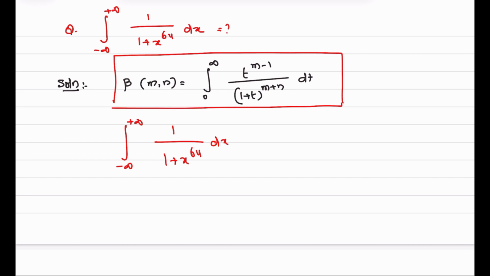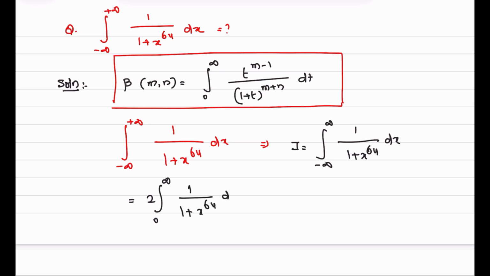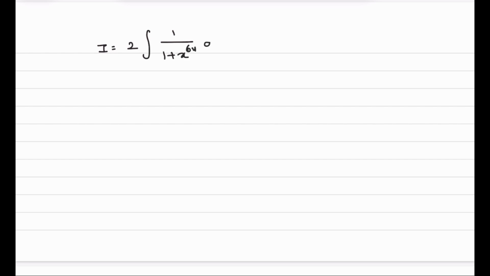Because it is an even integrand, it can be written as I is equal to 2 into the integral from 0 to infinity of 1 by 1 plus x to the power of 64 dx.